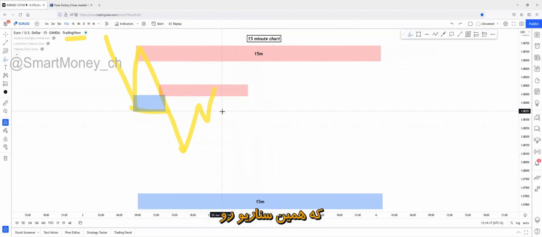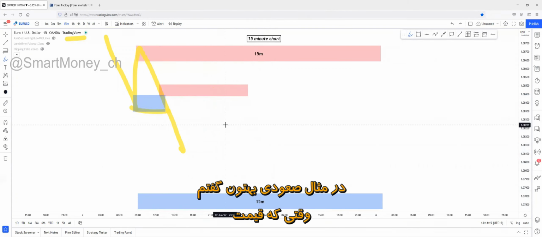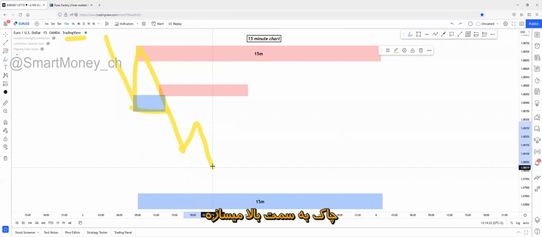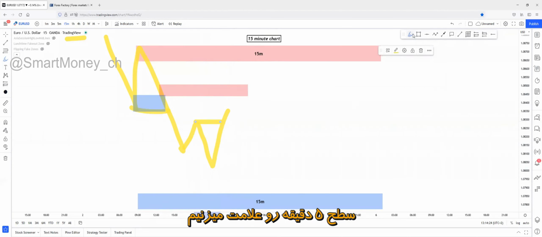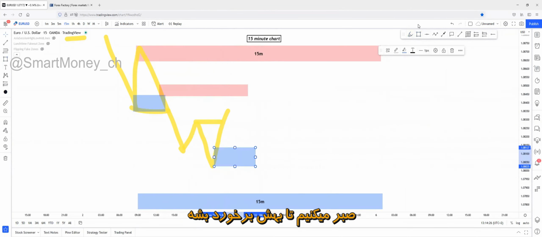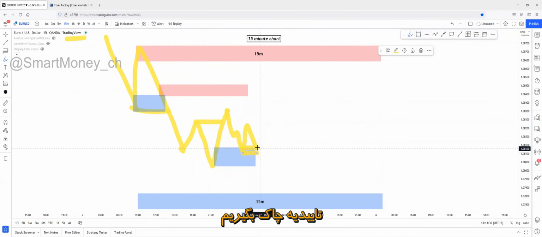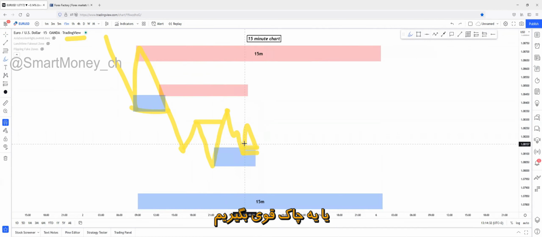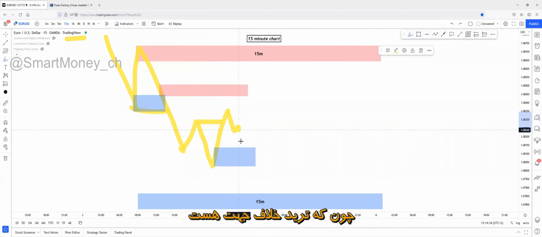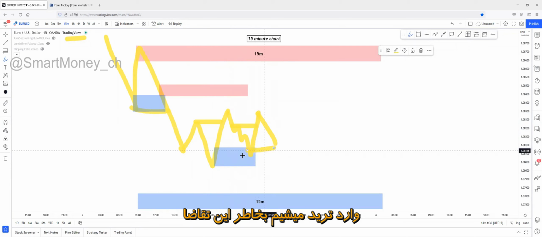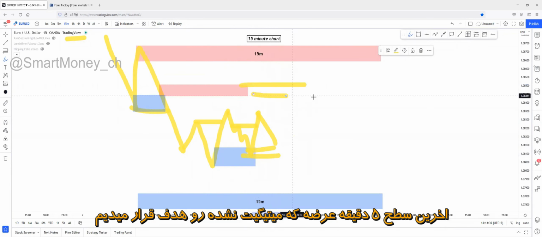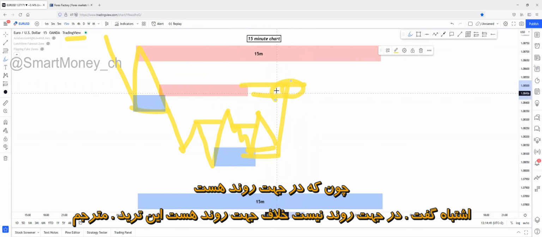But the same scenario applies to the bullish example, when price just creates a change of character to the upside right here. Mark out the 5-minute zone right here, wait for the 5-minute zone to be tapped, wait for a confirmation, change of character right here, or strong change of character right here because it's a counter trend trade. Enter a trade based on this demand zone, target the next recent unmitigated 5-minute supply zone because it's pro trend.